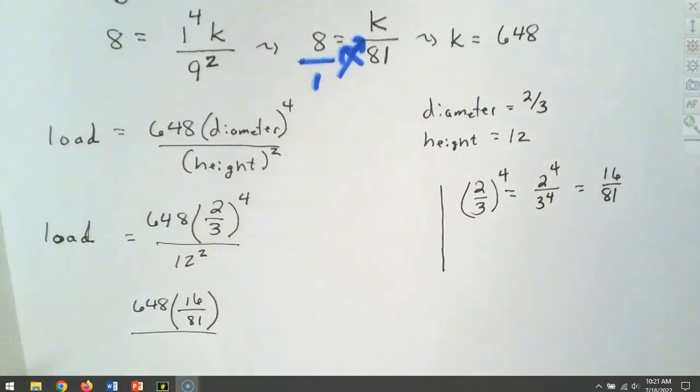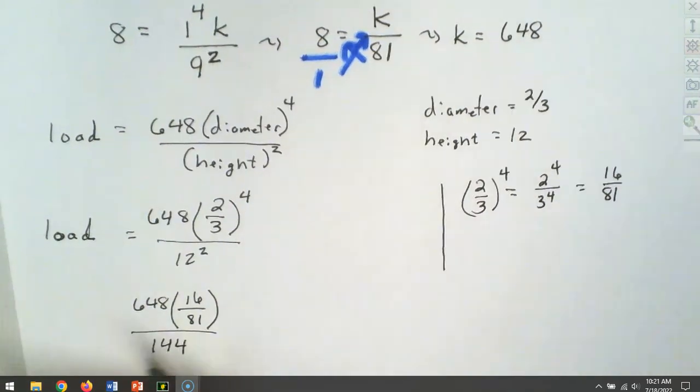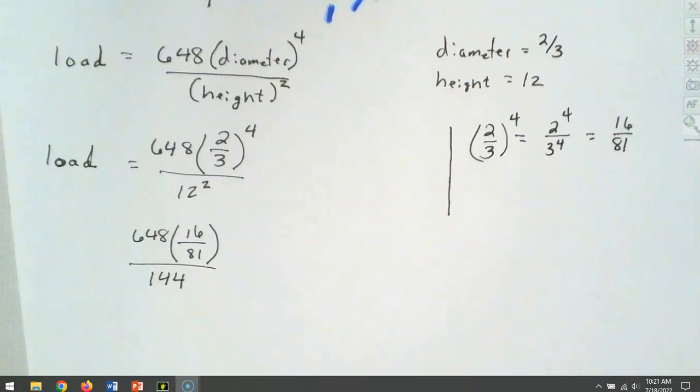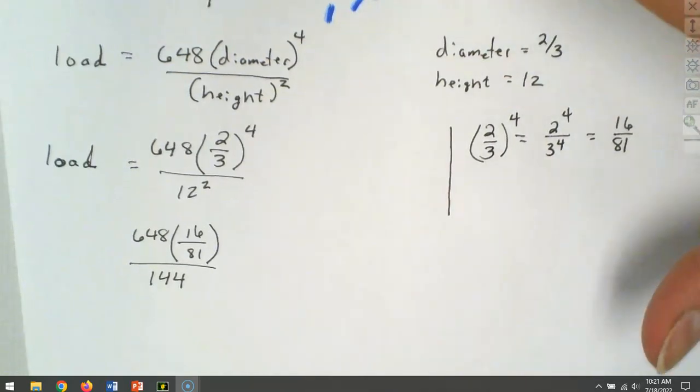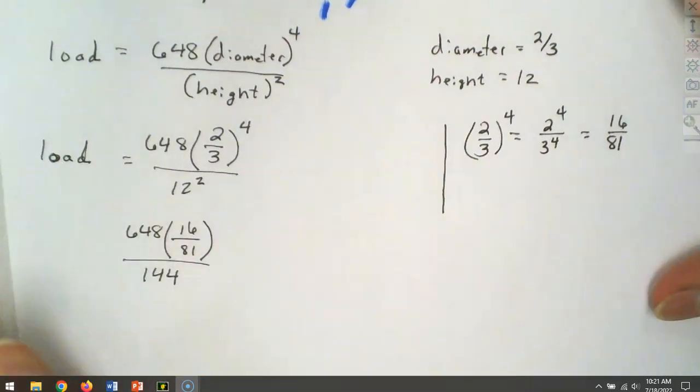And down below, 12 squared is that 144. So let's see what we can do here. Now we need to go ahead and combine, and we don't really want to go to decimals unless we have to. We're going to keep it as a fraction as long as we can. So let's just go ahead and work this out a little bit neater here.